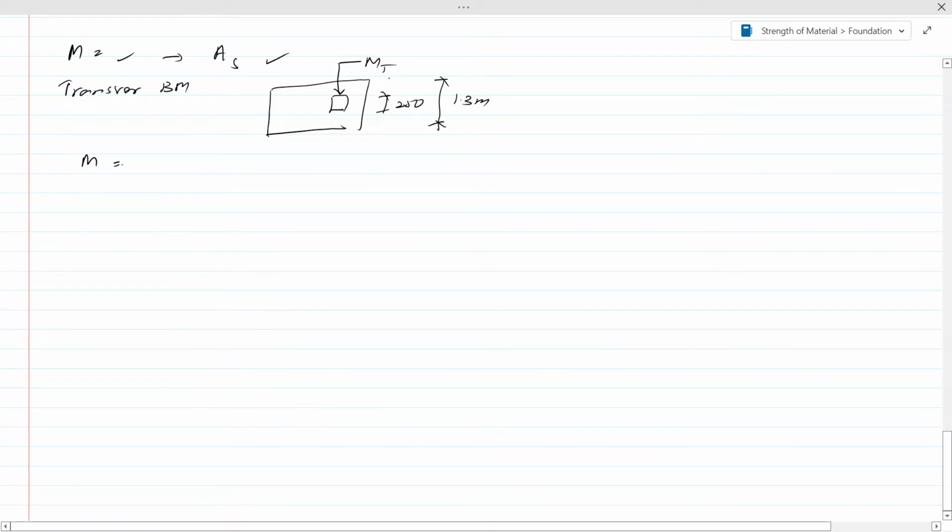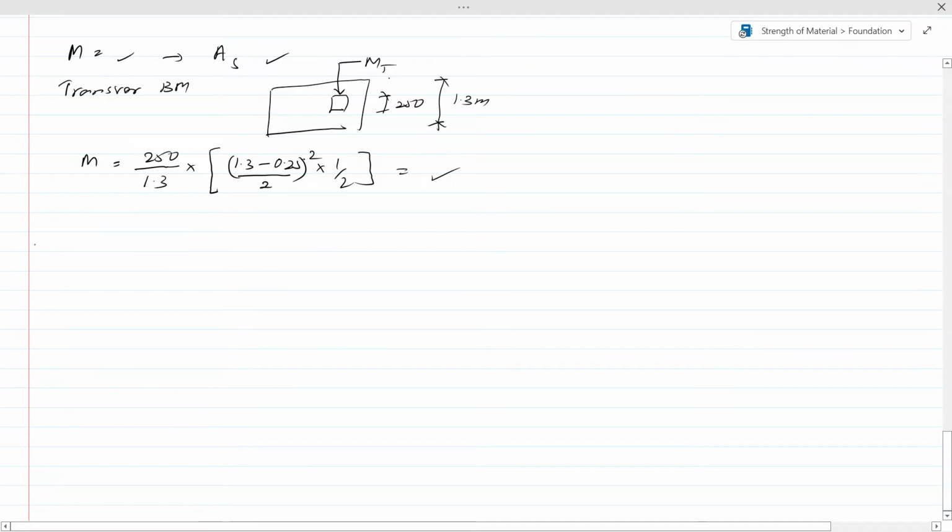M equals 250, that is per 1.3 meter length, divided by 1.2, multiplied by the bending moment (1.3 minus 0.25, where 0.25 is the column width) divided by 2, to the distance to the face of the column, into half the distance. This is the transverse bending moment. Now if you know the bending moment, you can calculate the reinforcement area for that also.